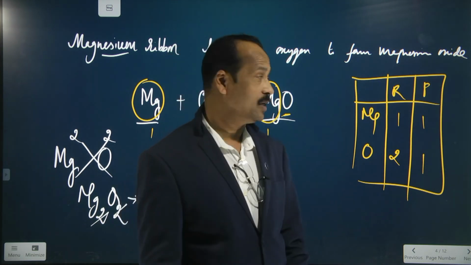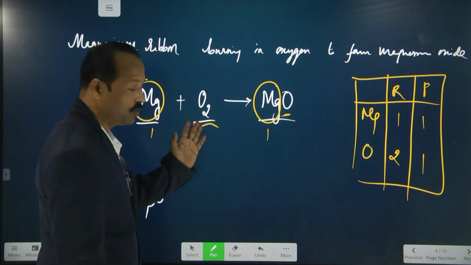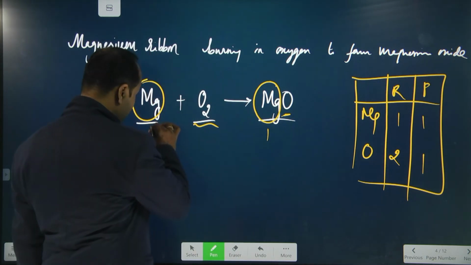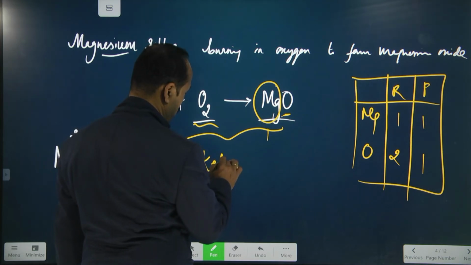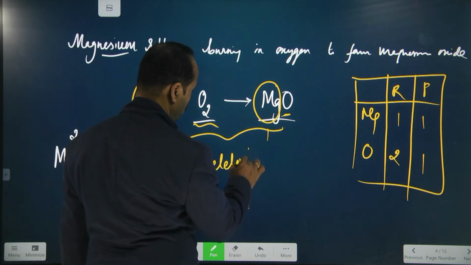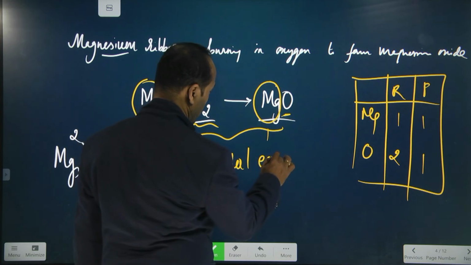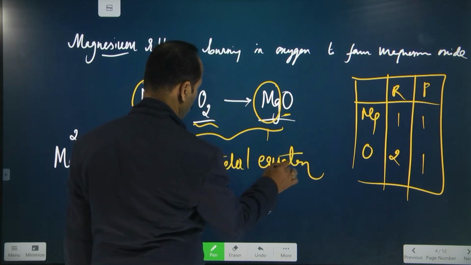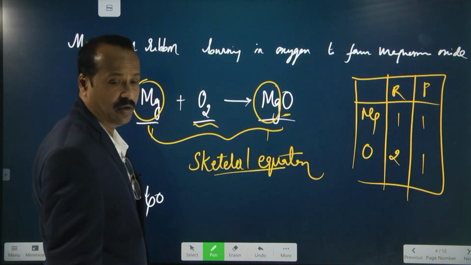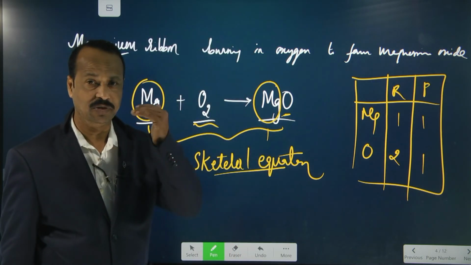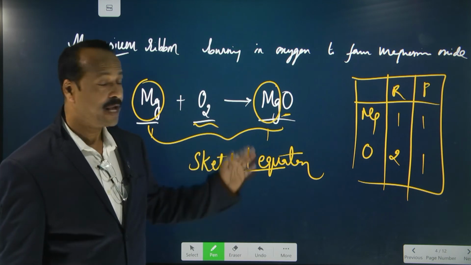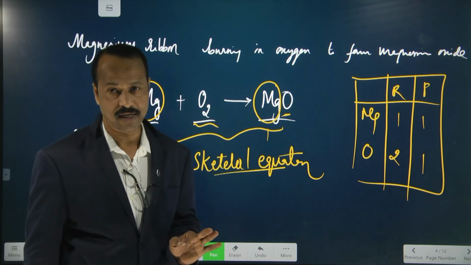But according to the symbols you have written, this is correct. So this equation is called a skeletal equation. What is it called? Skeletal equation. So what is a skeletal equation? When you write the chemical reaction as it is, using symbols and formulas, that is called the skeletal equation.